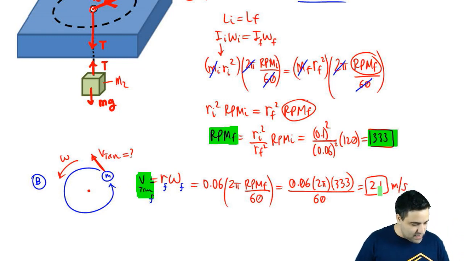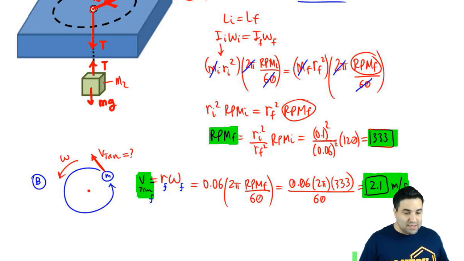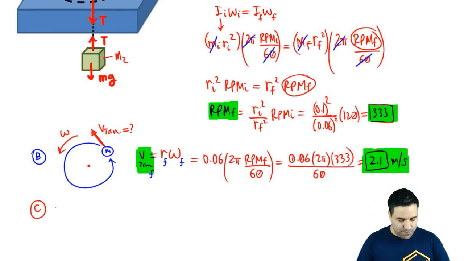It's another thing you might be asked since there's a relationship between those numbers. And then for part C, we're being asked what mass M2 does the hanging object need to have?